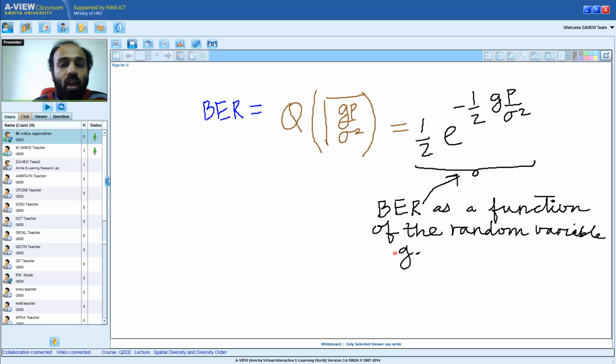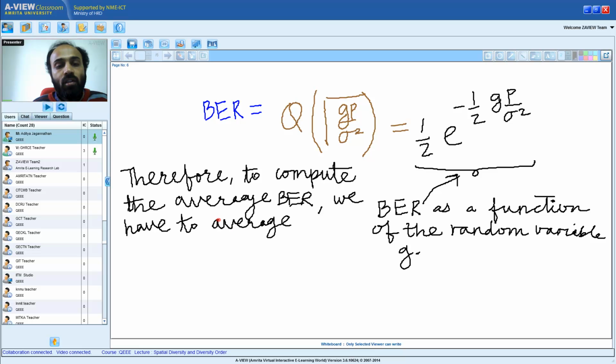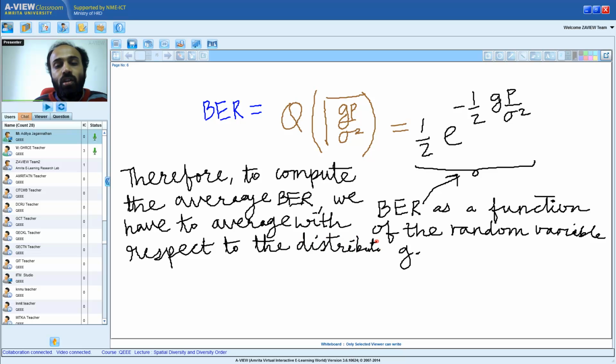Therefore, to compute the average bit error rate, we have to average with respect to the distribution of g.